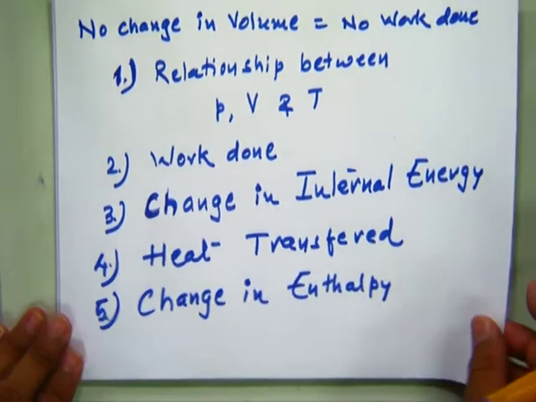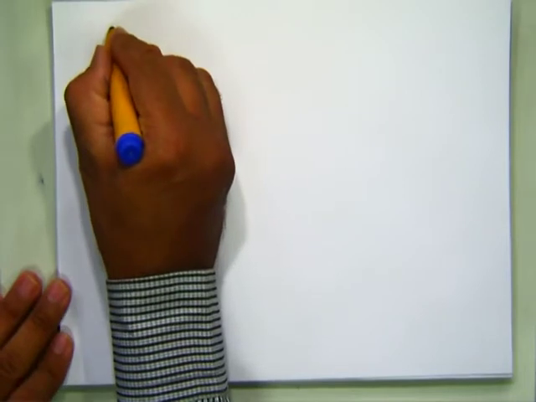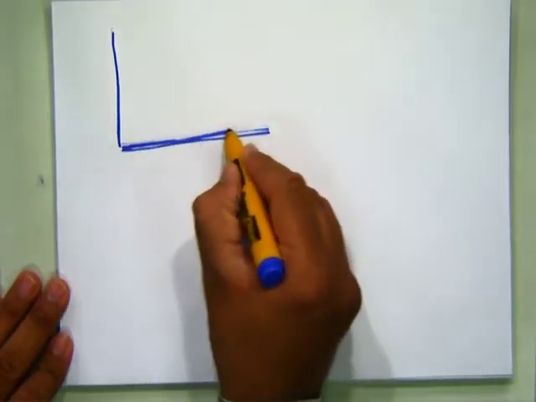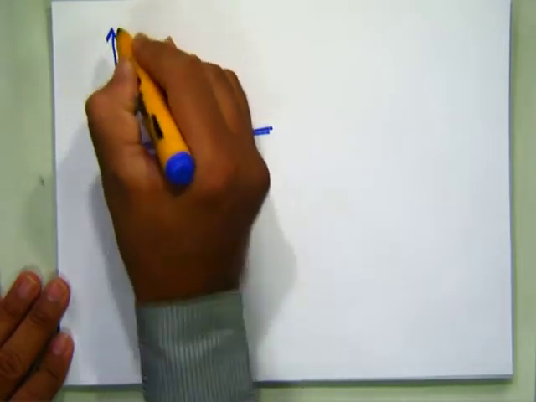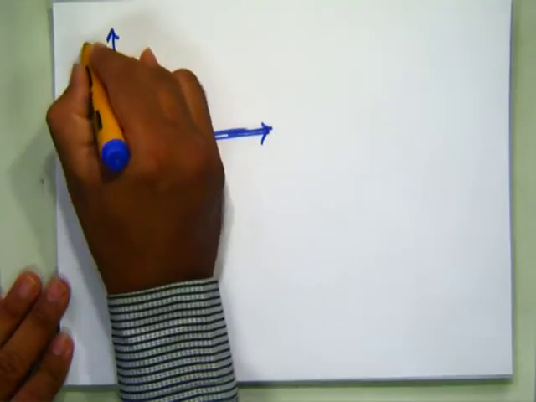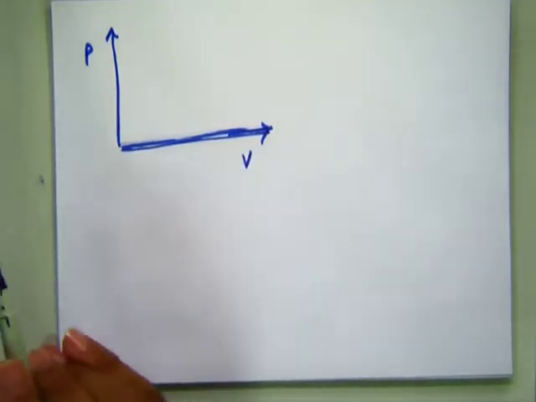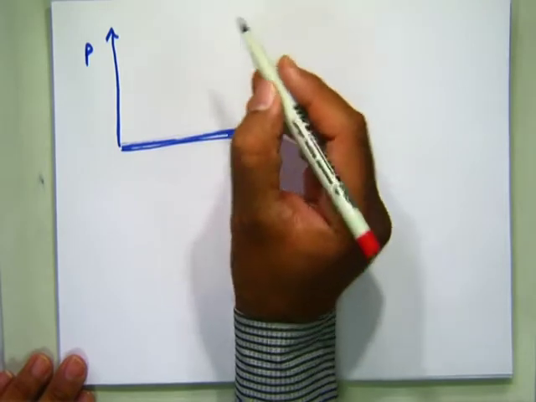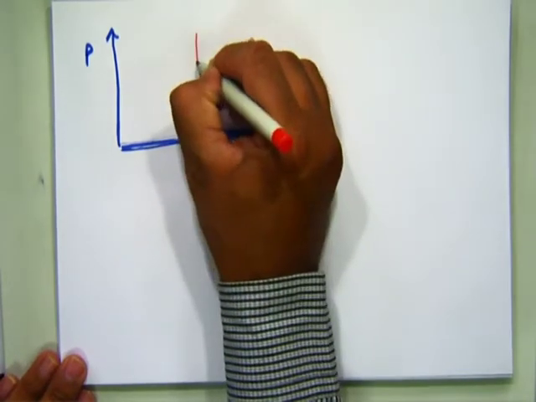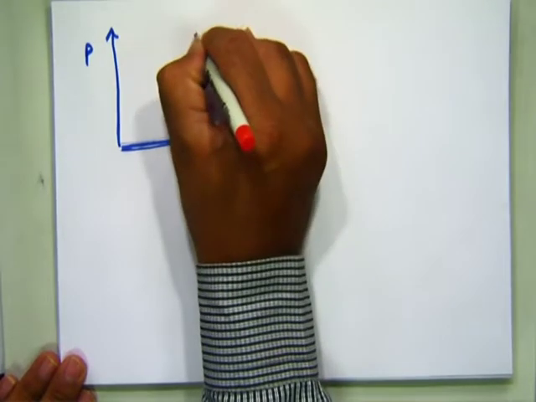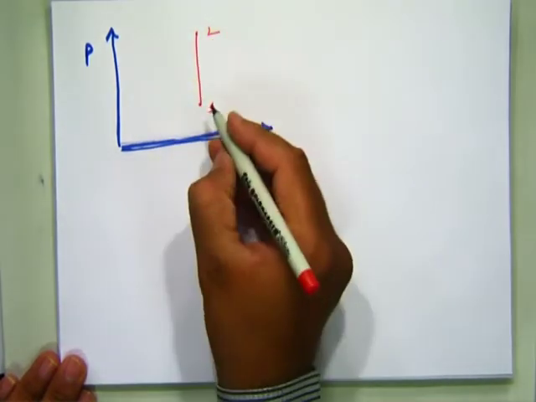So let us take the first process, the constant volume process. First, let us see the process on the PV plane. The constant volume process is like this. It starts from point 1 and ends at point 2.